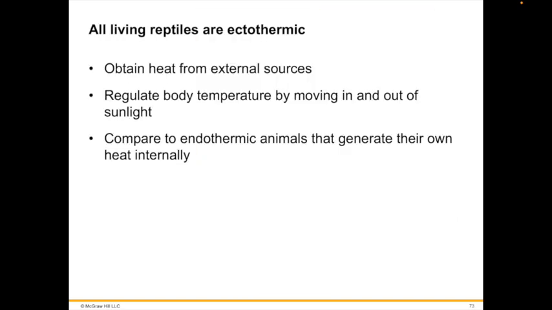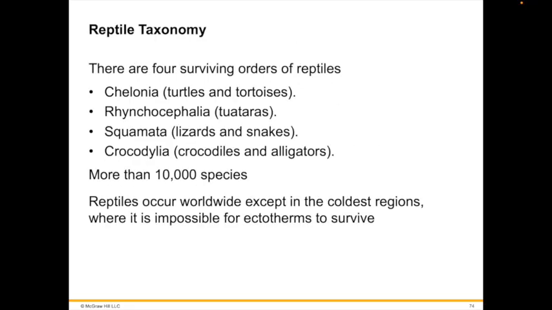All living reptiles are ectothermic. They obtain heat from external sources, and they regulate body temperature by moving in and out of sunlight, compared to the endothermic animals that generate their own heat internally.